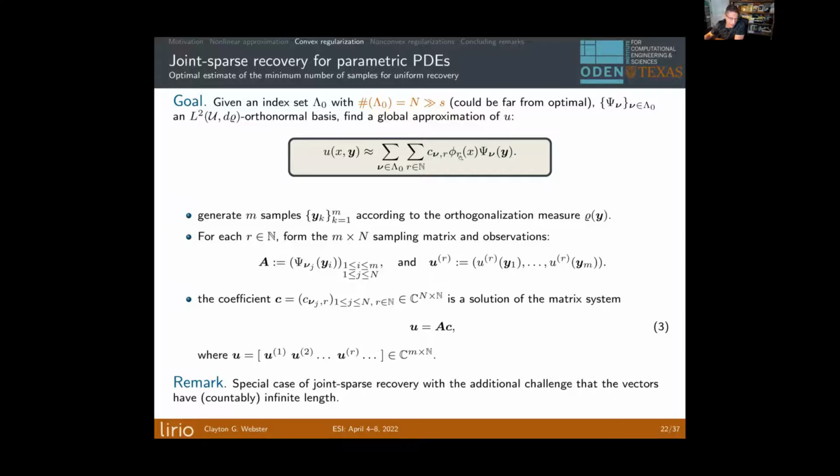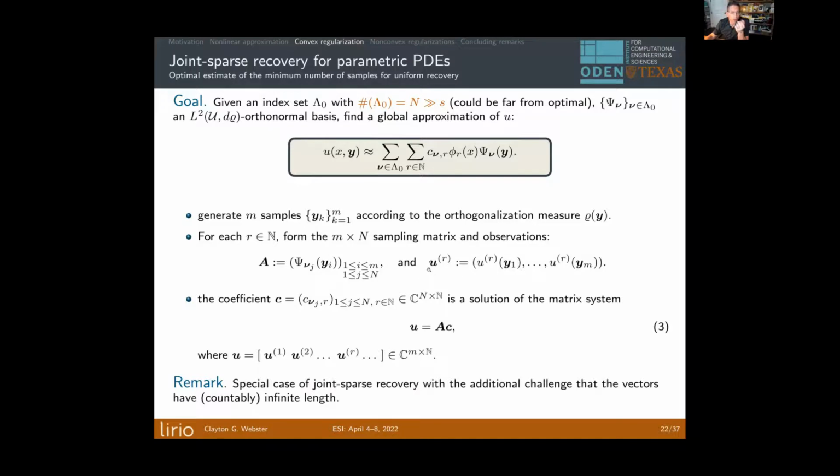Okay, if I'm doing, say, a finite element approximation to a PDE, again, I sample the M samples of the random variables y_k. Again, now for a fixed R, I can then construct the sampling matrix as before.